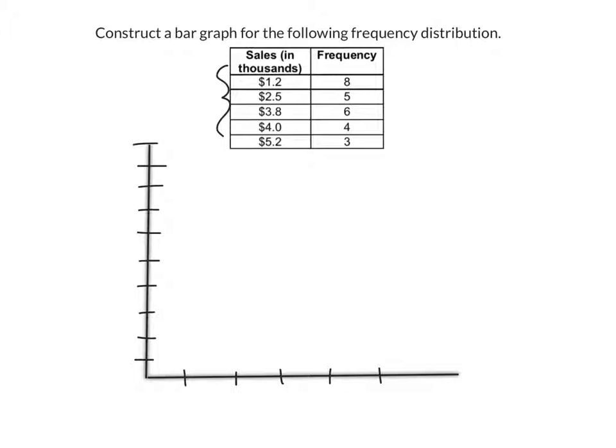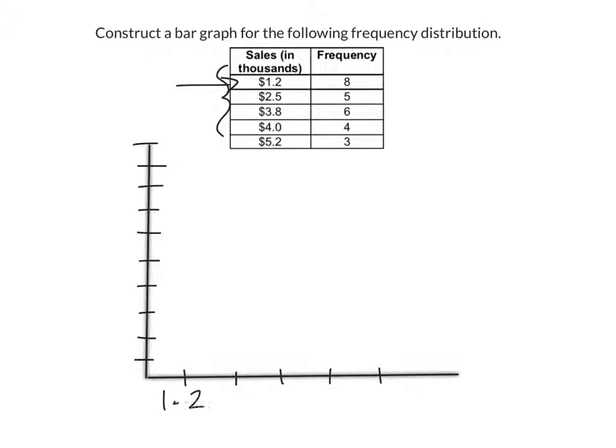So the horizontal axis will always be the value or the item, and then the vertical axis will always be the frequency. So first I'm going to label the horizontal axis, and I'm just going to list the unique values that are listed here in the left column.